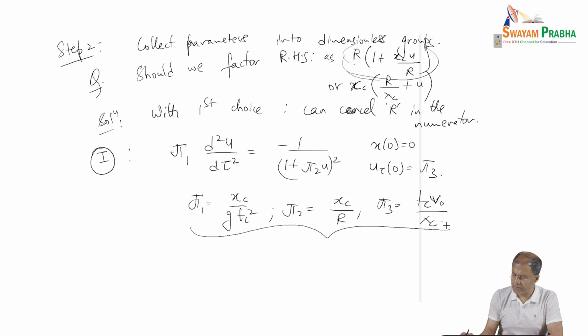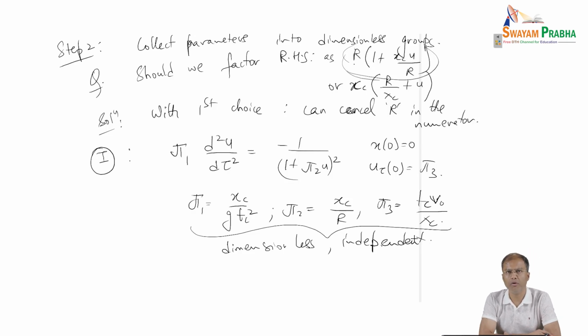Right? So we see that these parameters pi i's are dimensionless, and they are independent. They are independent in the sense that one cannot be represented as a linear combination of the other two. And finally, these only contain the parameters xc and tc.